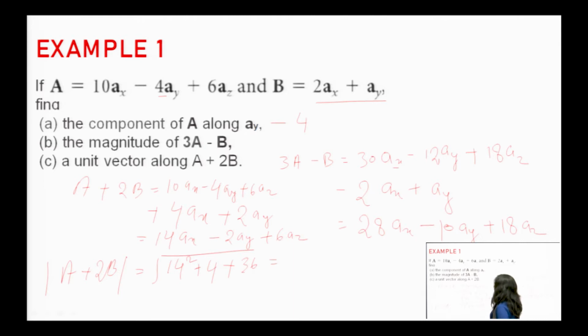And to find the unit vector, the formula for the unit vector is the vector itself divided by its magnitude.